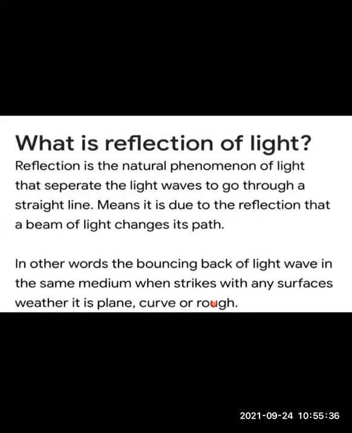In any form, the light is going to change its path. Again, here it is saying the reflection of the beam is in the same medium. In our case, the medium is air. So the incident ray will fall on the plane surface or curved surface in the medium air, and the reflected ray will again be in the air only.